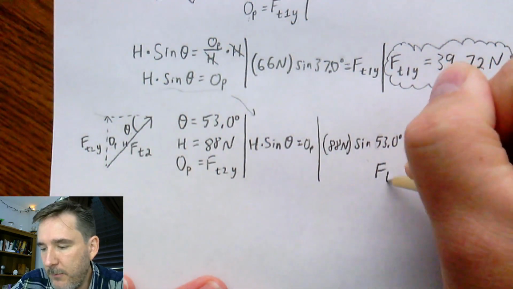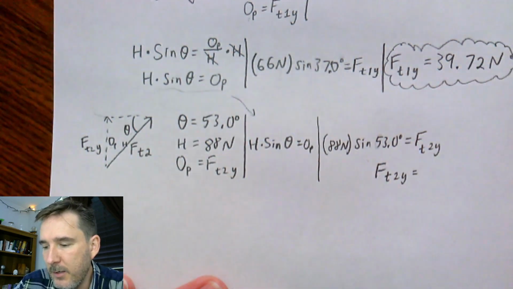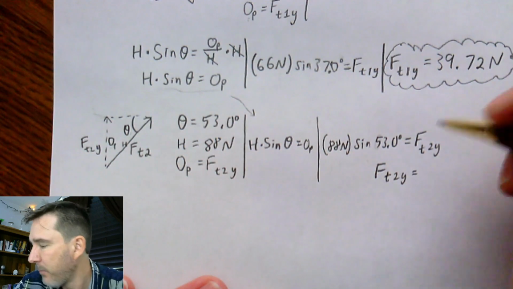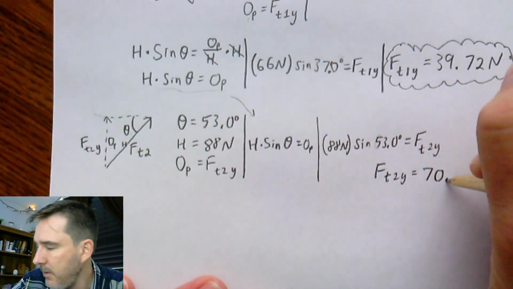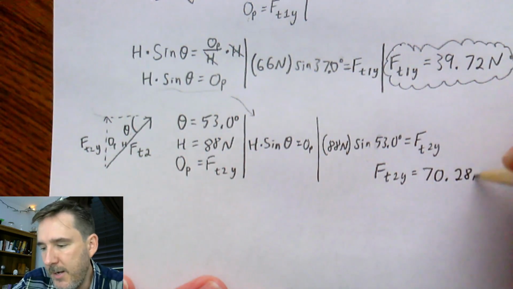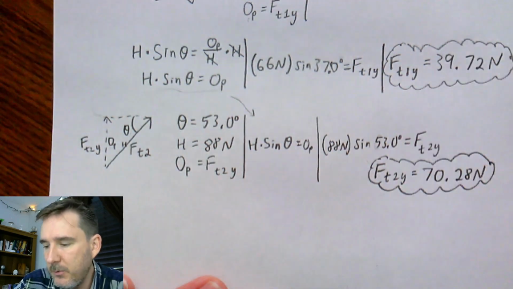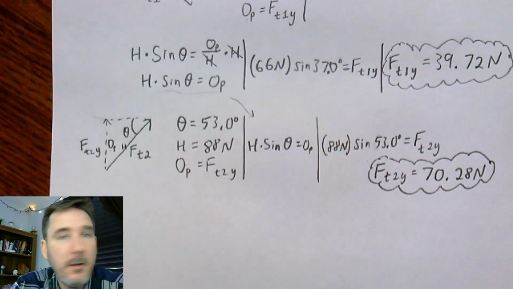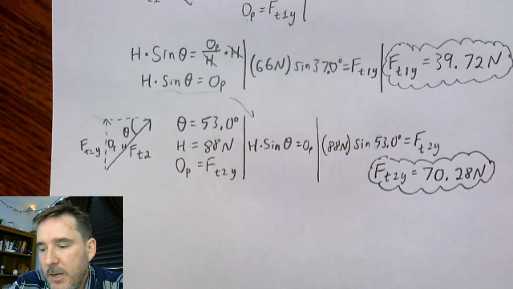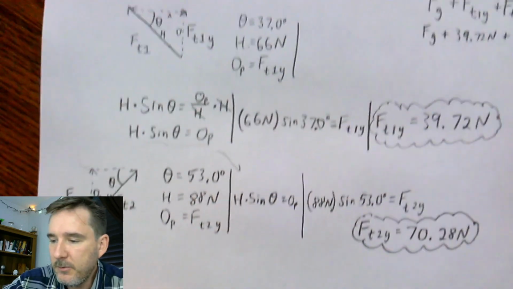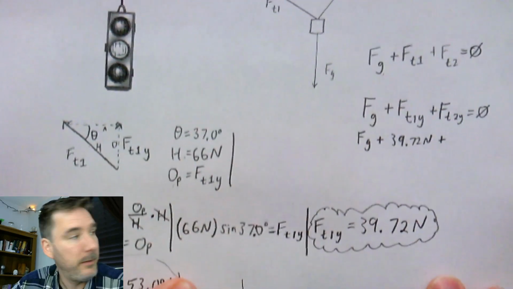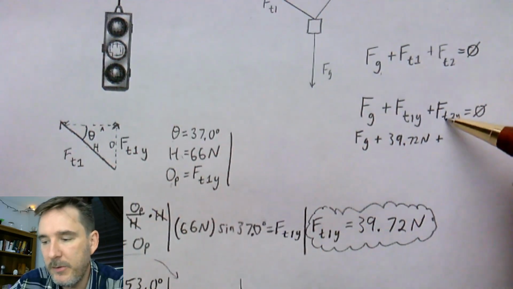All right. And I'm running out a little bit of room there, so I'm going to just write it right here. So my force of tension for the second wire in the y direction, when I plug all those numbers in, is 70.28 newtons. So once again, it's not my final answer, but it is important, so I like to put fluffy clouds around that. Okay, so I just calculated both the y vectors. So I'm going to go back up to my little equation here, and now I could put this number in.